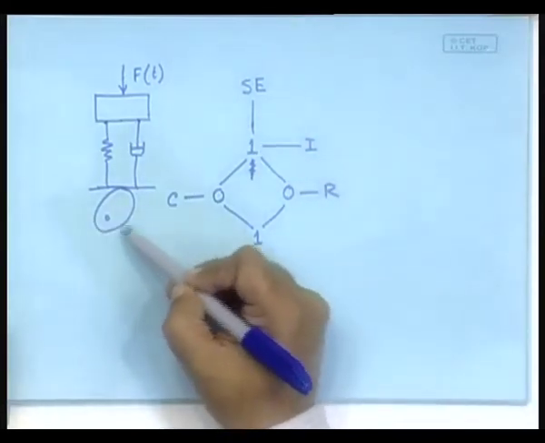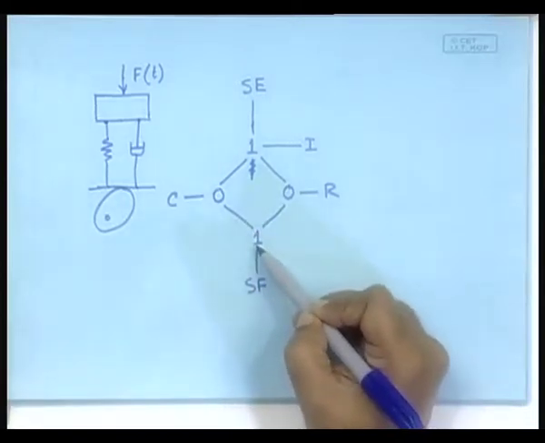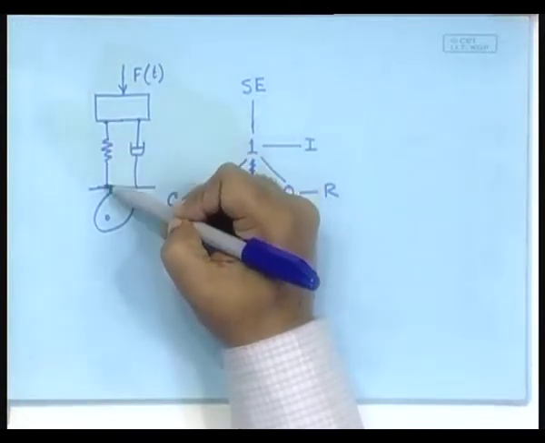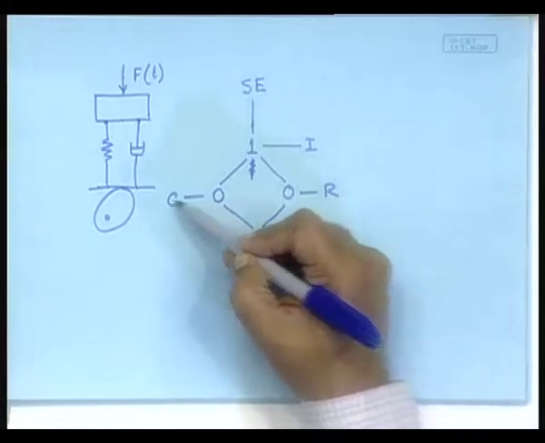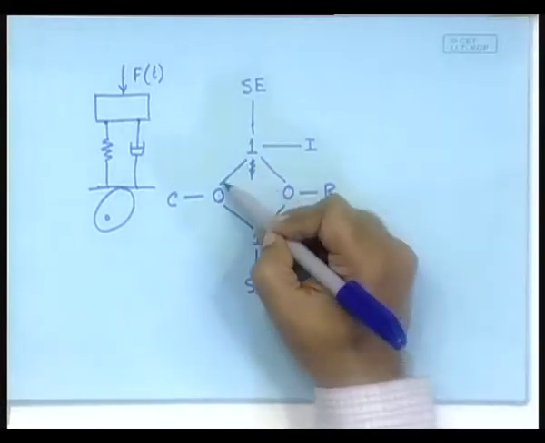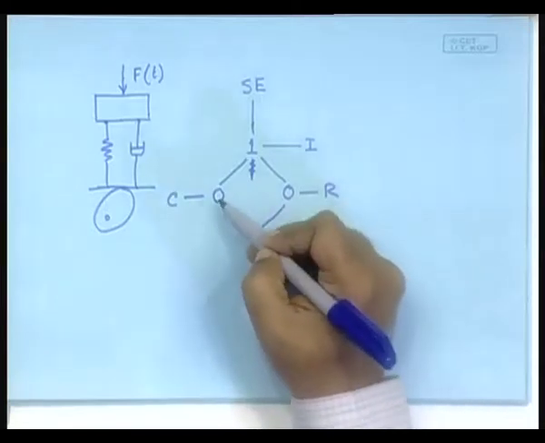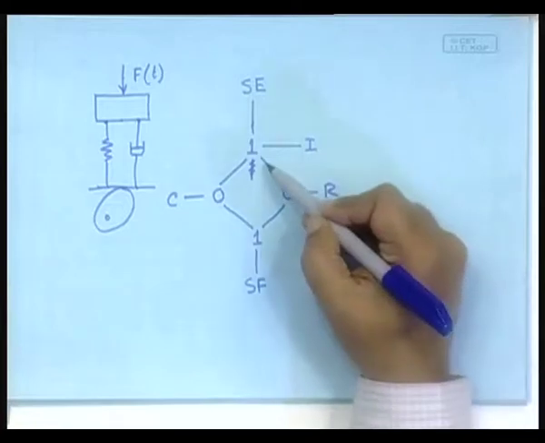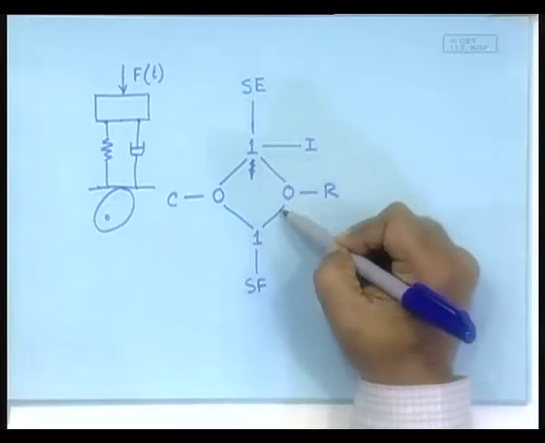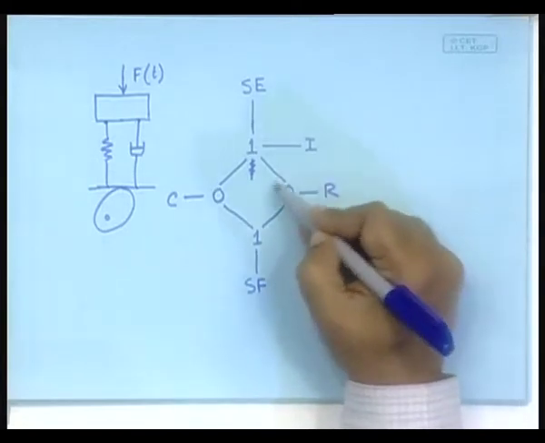Here the SF and this point and that point are connected by a 1 junction, because they share the same flow, but this point and that point share the same effort. So, they are connected by a 0 to the C. Whatever effort is seen by this bond and that bond is the same effort seen by the C element. Here also, whatever effort is seen by these two bonds is the same effort seen by the R element. That is why the structure is right.